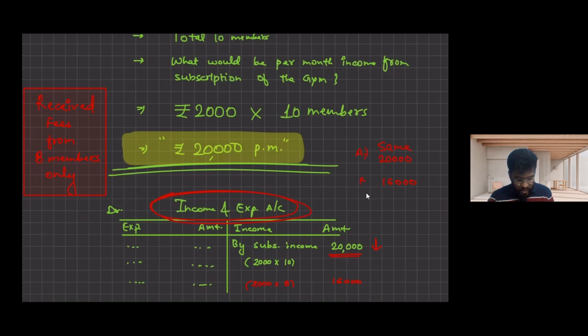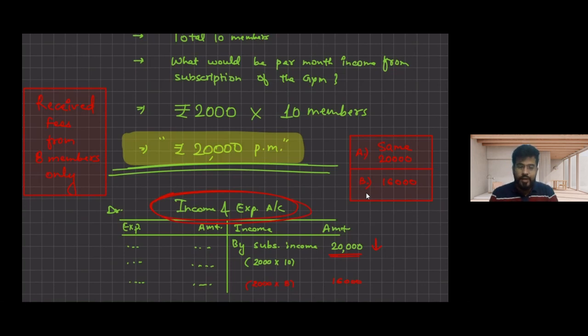Option A, option B. What is your choice amongst these two? I want an answer from each and every one of you. What would be the income for this gym for this month, 20,000 or 16,000?